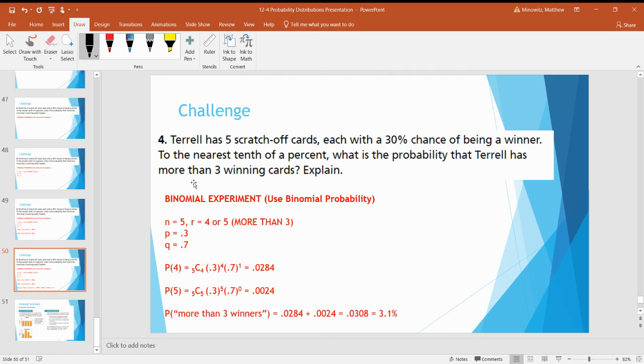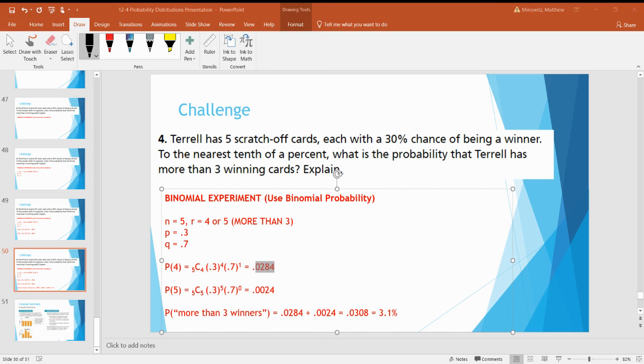And some of the mistakes that students have made in the past is, well, they include 3 winners, but this says more than 3. So the probability of more than 3 winners, I add the decimals, I get 0.308, and I get 3.1%. Now, if it says round, I'd write this as a whole lot of decimals. I wouldn't cut it short, because if you have rounding errors, that might cause you to have 3%, if you cut off the 4.